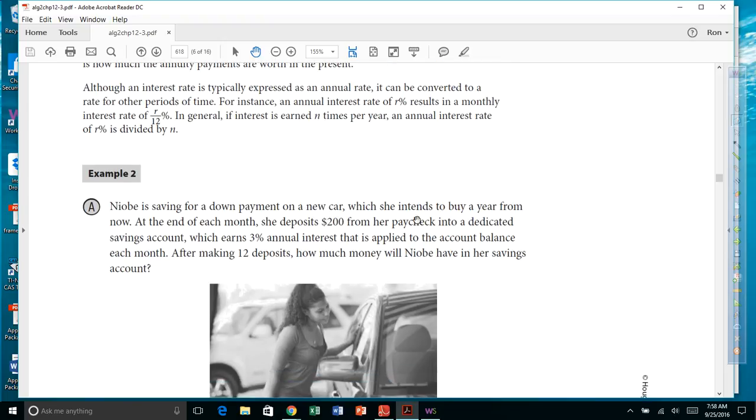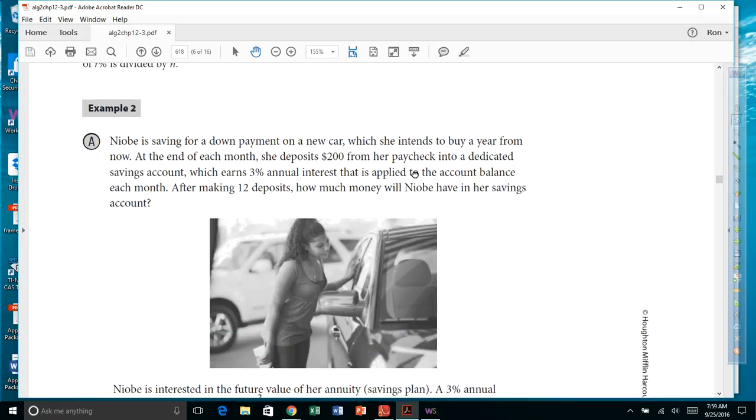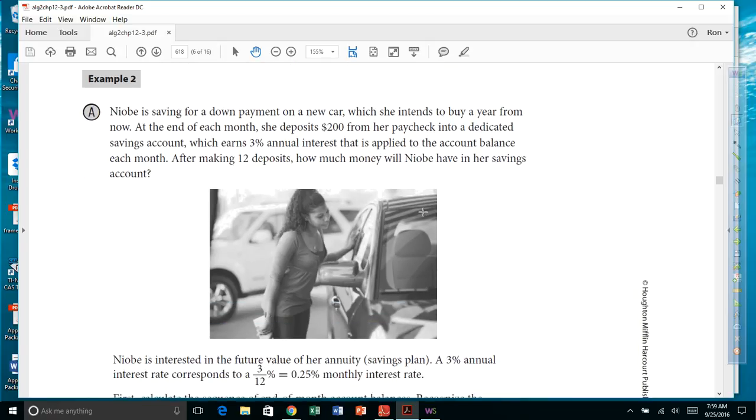Although an interest rate is typically expressed as an annual rate, it can be converted to a rate for other periods of time. For instance, an annual interest rate of R% results in a monthly interest rate of R divided by 12%. In general, if interest is earned n times per year, an annual interest rate of R% is divided by n, the number of times it is done over the course of the year.